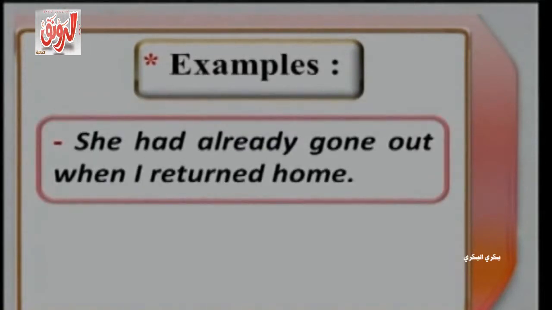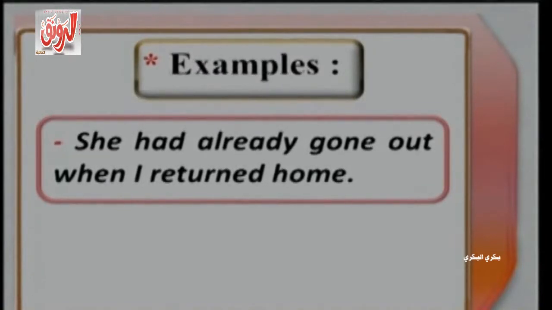More clear examples. She had already gone out when I returned home. There are two actions here. She had already gone out, and I returned home. The two actions: one happened before the other. Which one do you think? She had already gone out. This is the first action. I returned home is the second action.